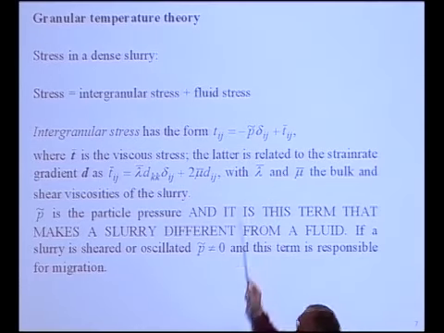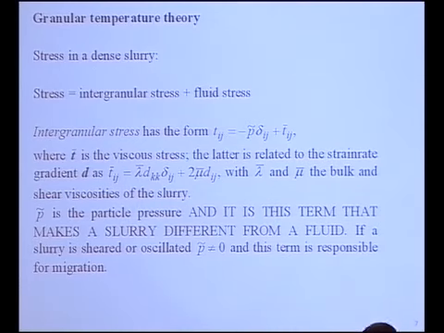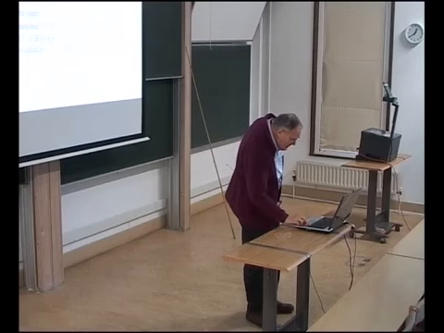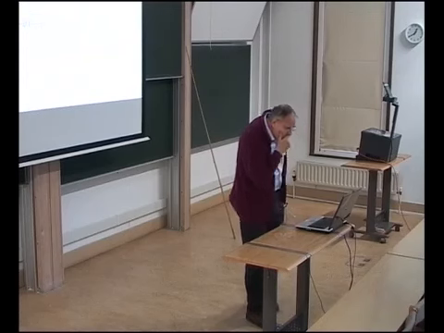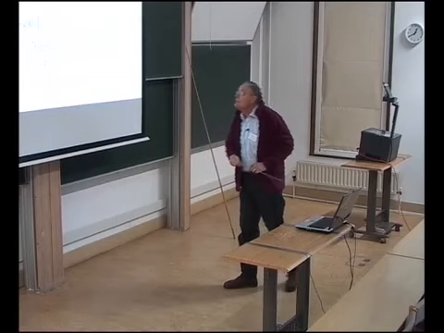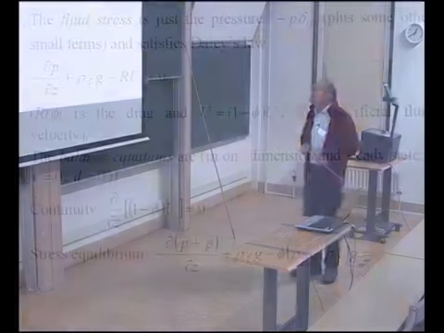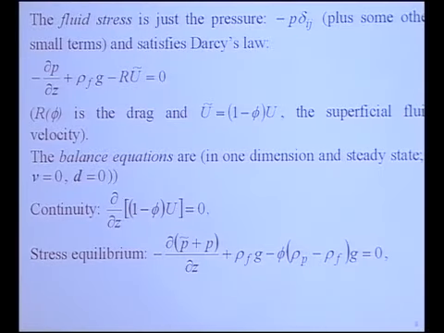And the particle pressure is, I suppose in '92 was a new element in the theory, and it's that particle pressure that makes the theory different from an average or from an ordinary fluid, right? So you need something for that particle pressure to make it a slurry.